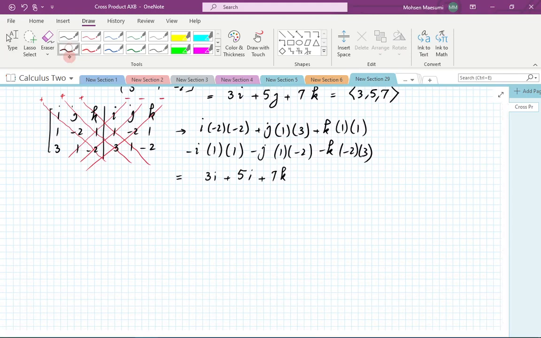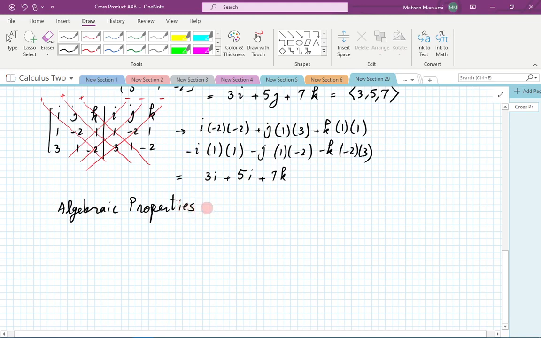So let's go ahead and list some properties. Algebraic properties of cross product. Many of these things tie in with the properties of determinants, but we are not going to open that can of worms with respect to determinants.